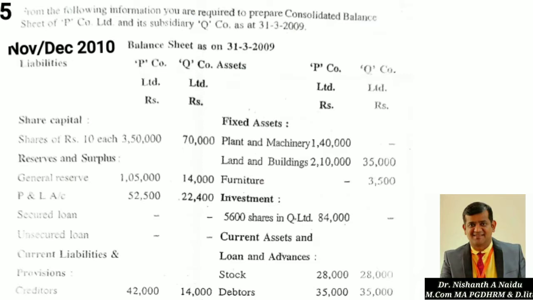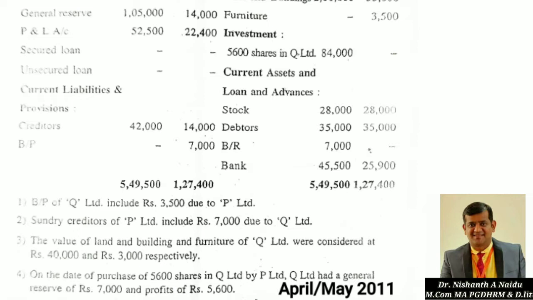P&L account 52,500 P Company Limited, 22,400 Q Company Limited. Secured loan P and Q both are nil. Unsecured loan P Company Q Company nil. Current liabilities and provisions, under that creditors 42,000 and 14,000. And next, bills payable P Company Limited nil and Q Company Limited 7,000.